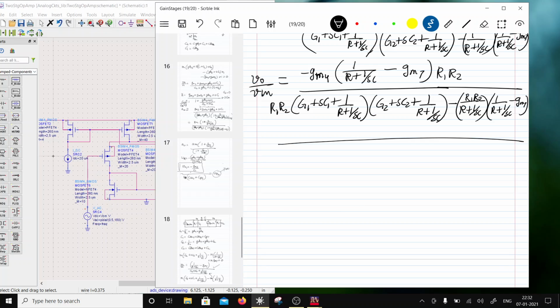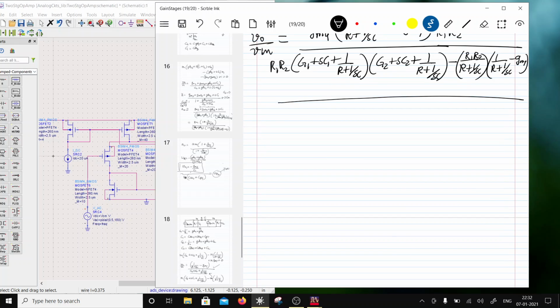So now I will multiply first term with R1, so I'm just solving the denominator one, right? So I will be left with R2 plus SC1 R1 R2 plus R1 R2 divided by R plus 1 over SC.